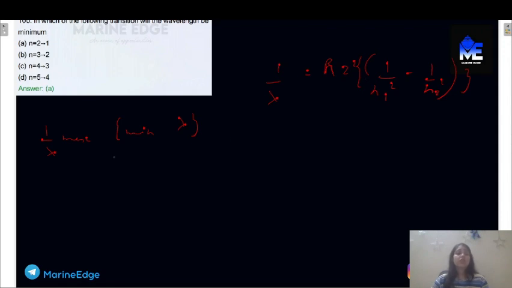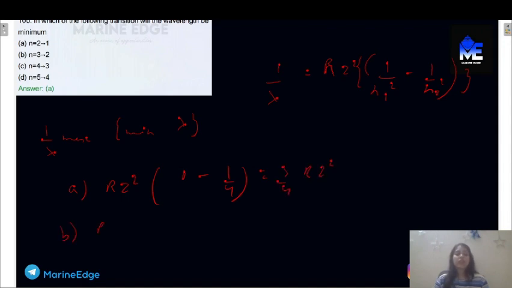Now, let's take case A: it will be Rz square times (1 minus 1 by 4), that is 3 by 4 Rz square.